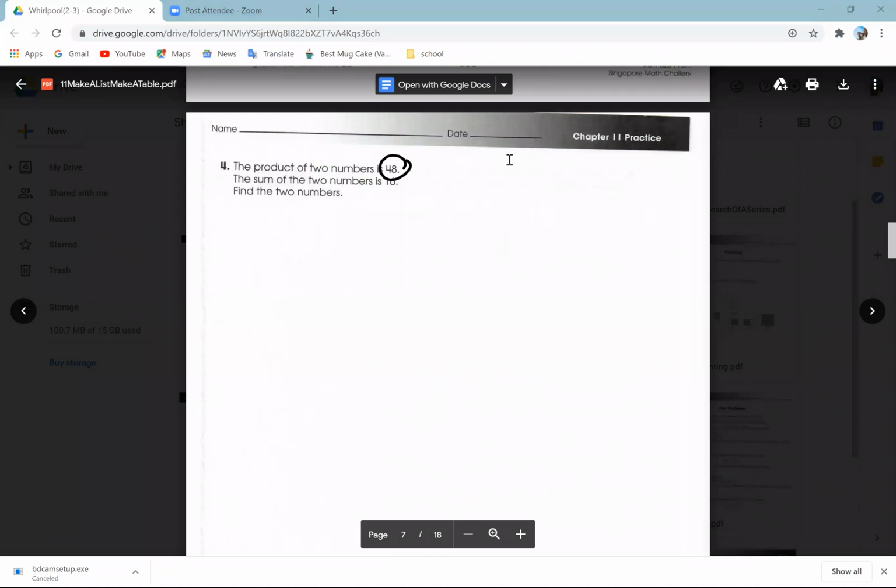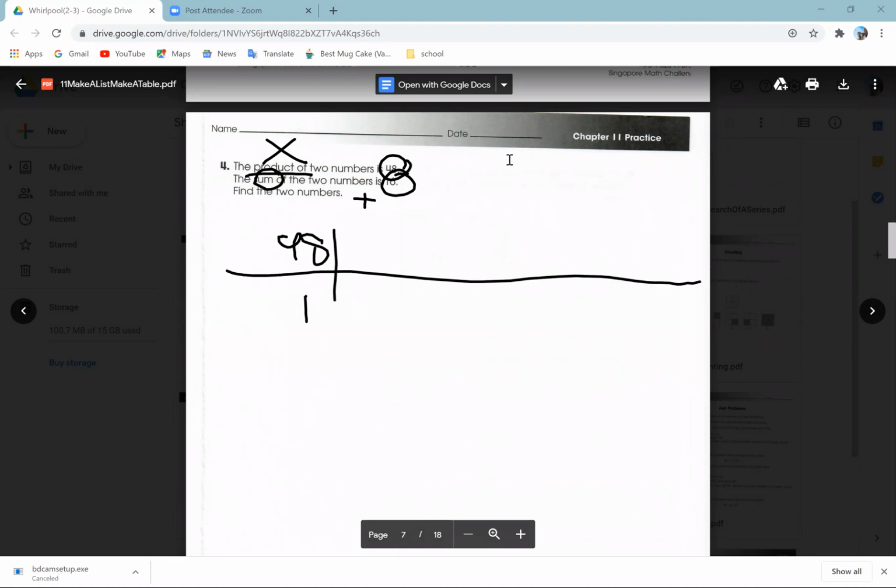The product means multiply, sum means plus, and the sum is 16. Okay, so we have 48 times 1. I'm going to make it kind of like a table. What are other products of two numbers that you can get 48? I'm going to give you a couple seconds to think about it.